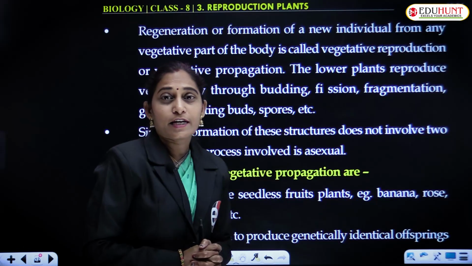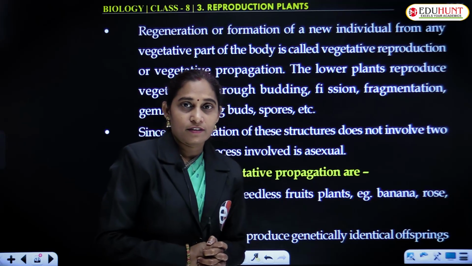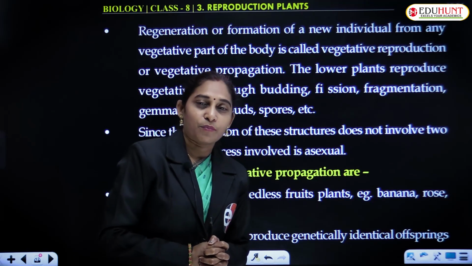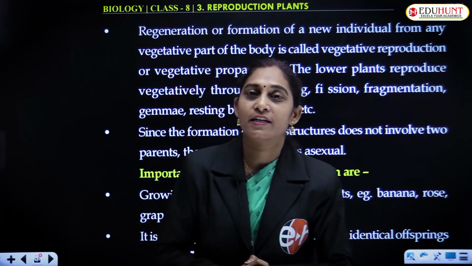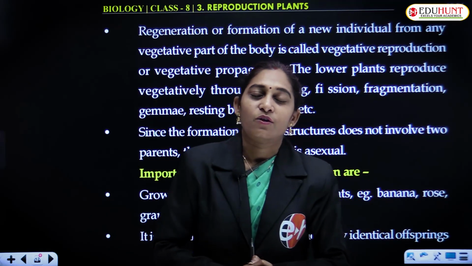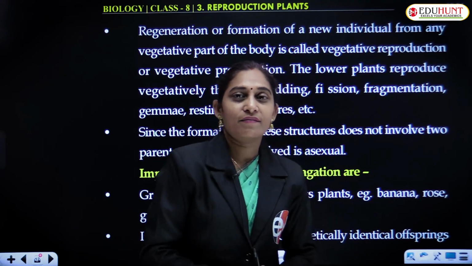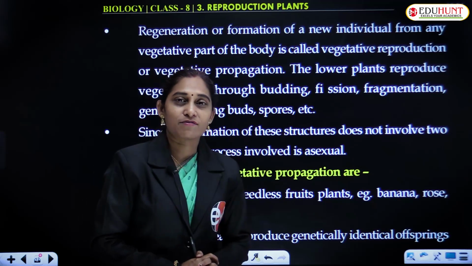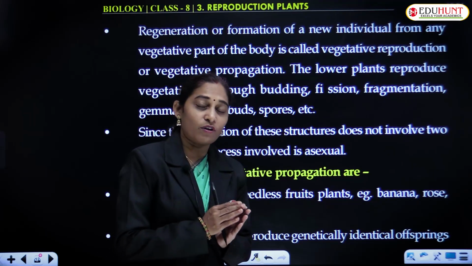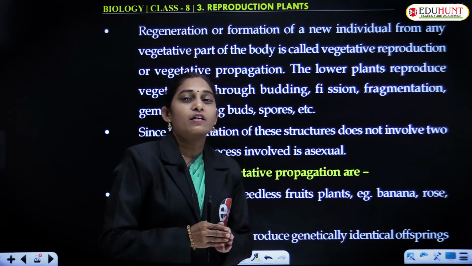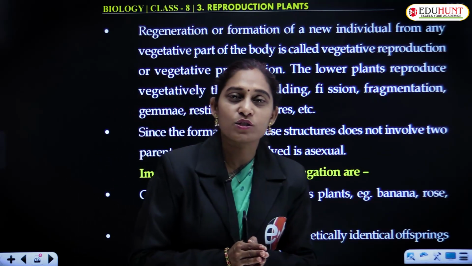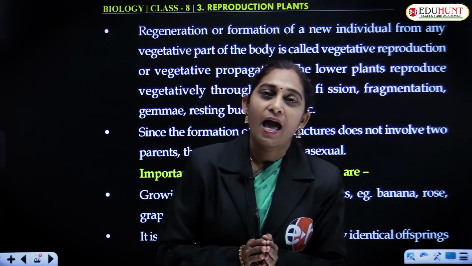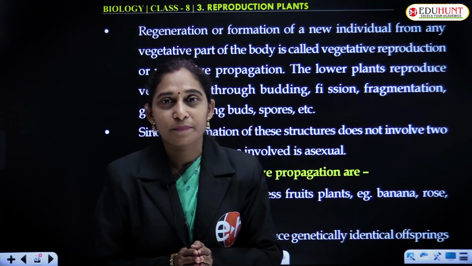And another type of reproduction is vegetative reproduction. It is exclusively seen in plants, not in animals. Till now we have seen asexual reproduction through spore production. Various types of spores were produced in algae and even in fungi.